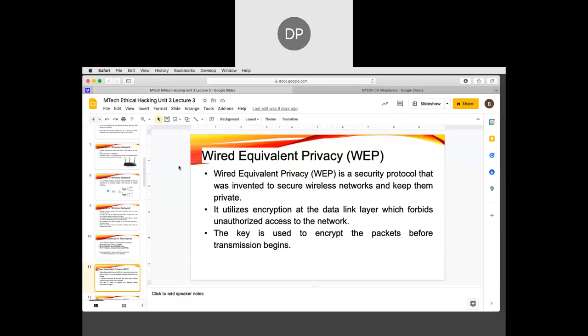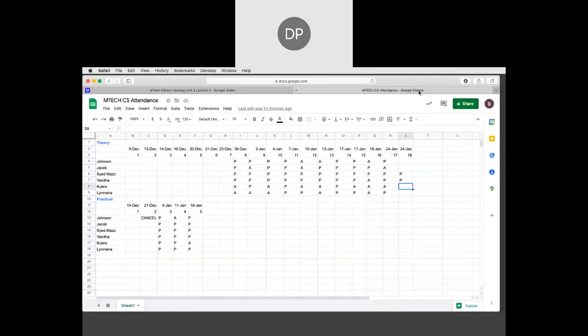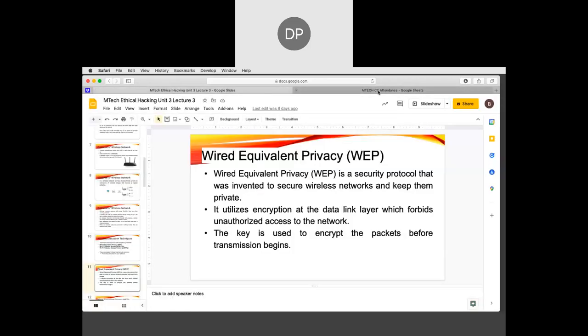Neither do I have any mobile or laptop that uses WEP, nor do you. When our syllabus was made in 2012 or 16, breaking WEP passwords was a trend, but now all WEP routers are upgraded to WPA2.